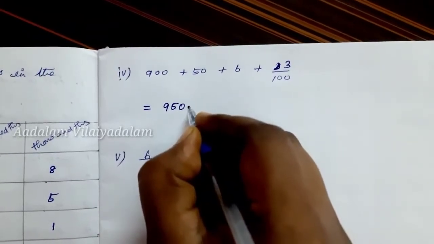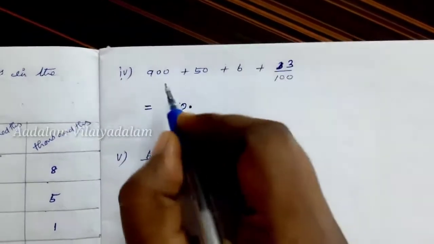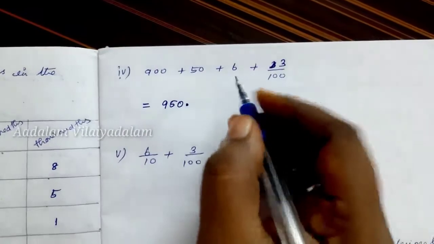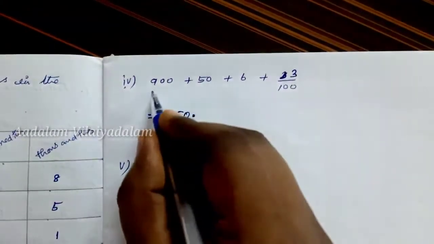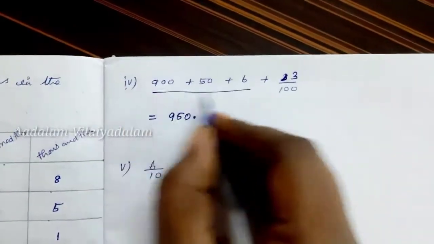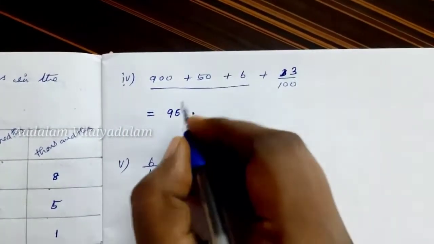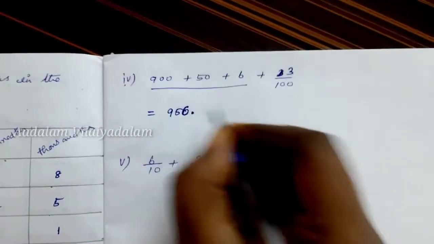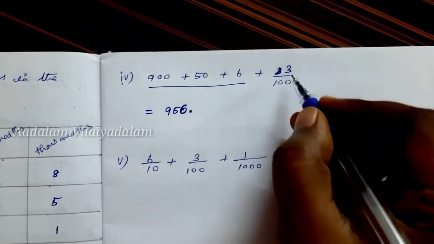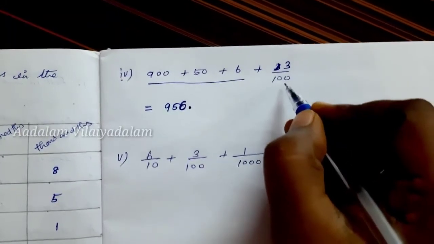After that we usually keep decimal point. Sorry, here there exists 6, isn't it? So addition of the whole part, we get 956, then point. Then we are getting 3 by 100, isn't it?